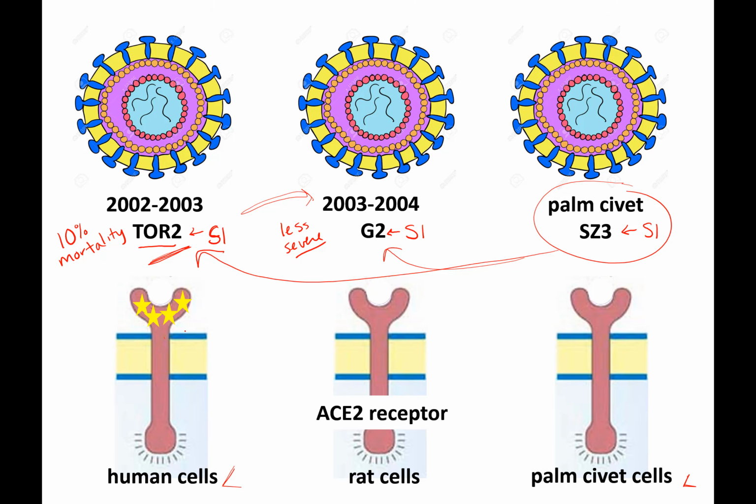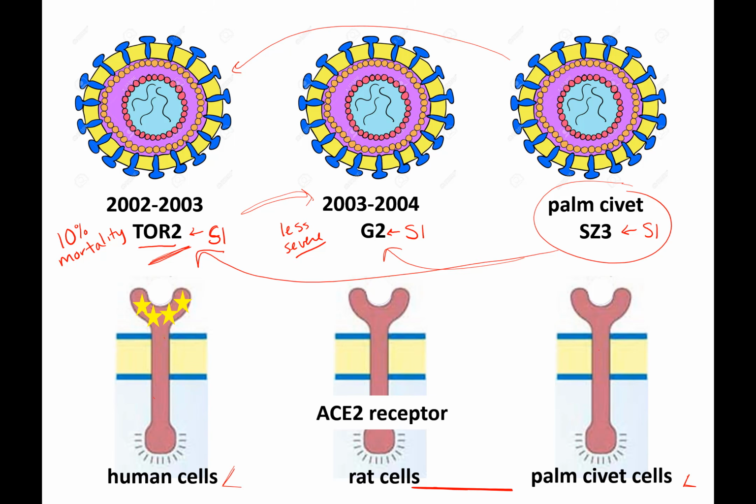So there's differences. I don't want to say changes because these receptors are not changing themselves. They've just evolved with different amino acids. But the real change comes from the virus gaining a mutation that gives it an advantage that it can infect a different cell type, different host.